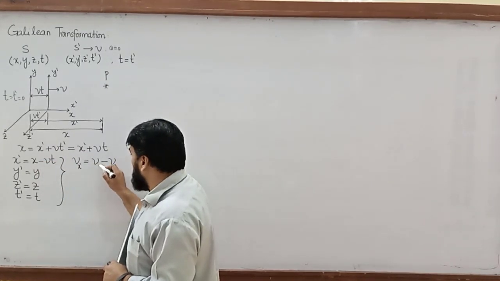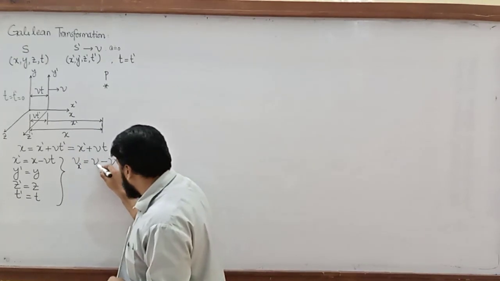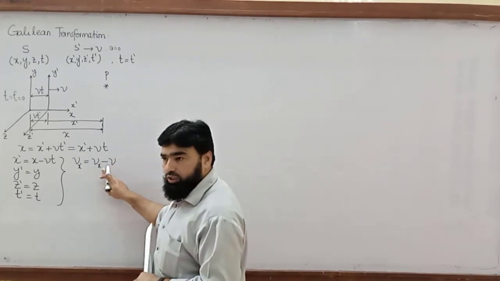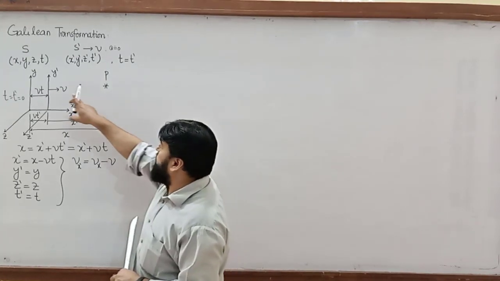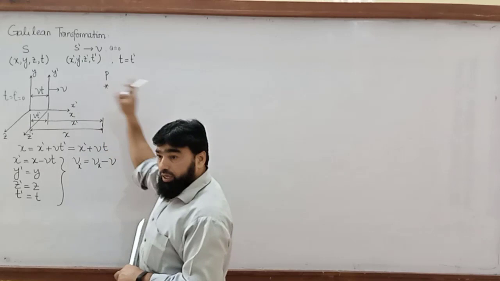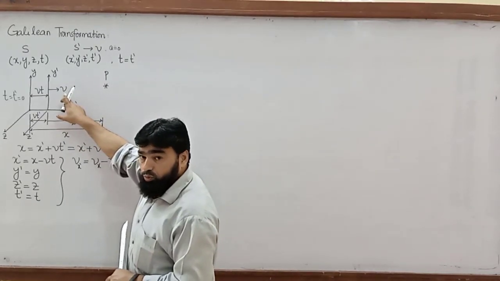Let me write it is x, the S frame, while this v is the velocity with which the frame itself is moving, and it is constant in time, it is not varying.